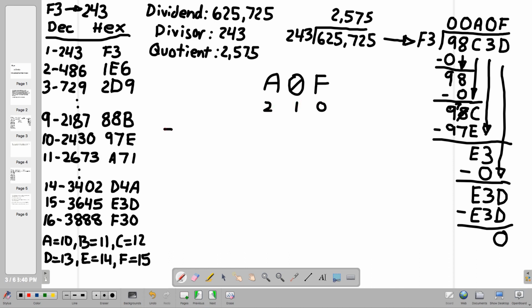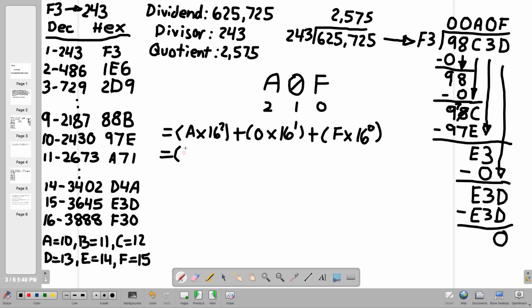So when we compute this, we have A times 16 to the second power, plus 0 times 16 to the first power, and plus F times 16 to the 0th power.